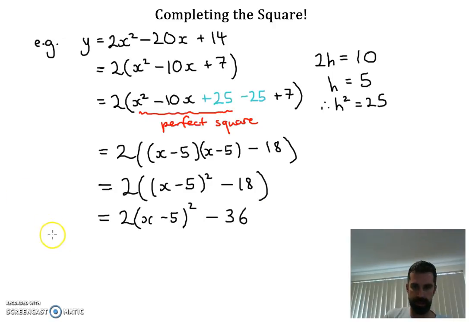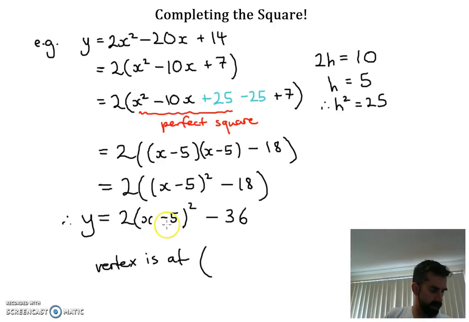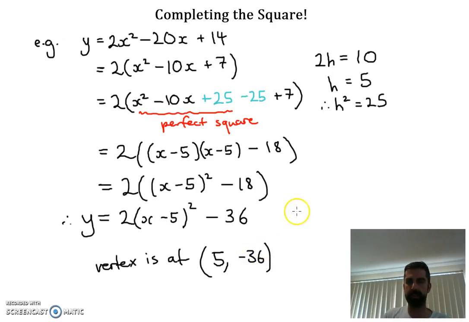This here is now in vertex form. So let's just put the y there. That means that our vertex is at h, which is 5 in this case, and k, which is negative 36. So we've got our vertex, and if we wanted to plot that equation, you guys already know how to do that from there.